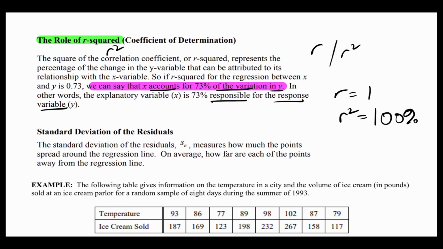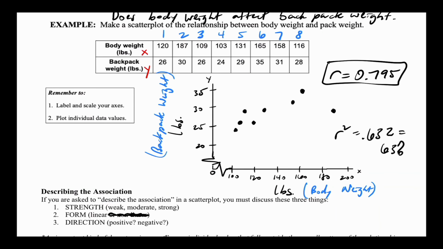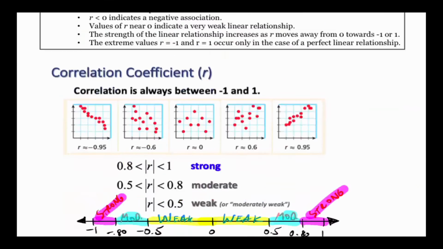Standard deviation. We talked about standard deviation. Pretty much, this is the standard deviation of the residuals. It talks about, on average, how far each of the points is from the regression line.